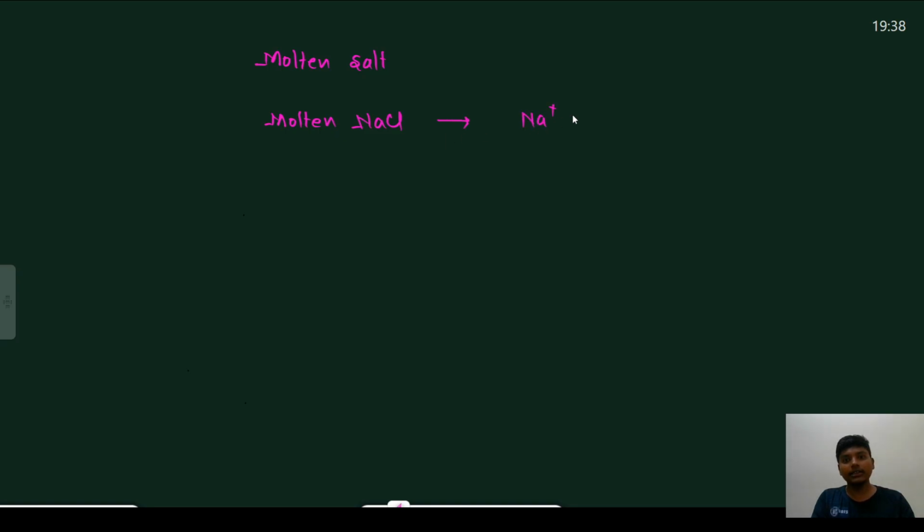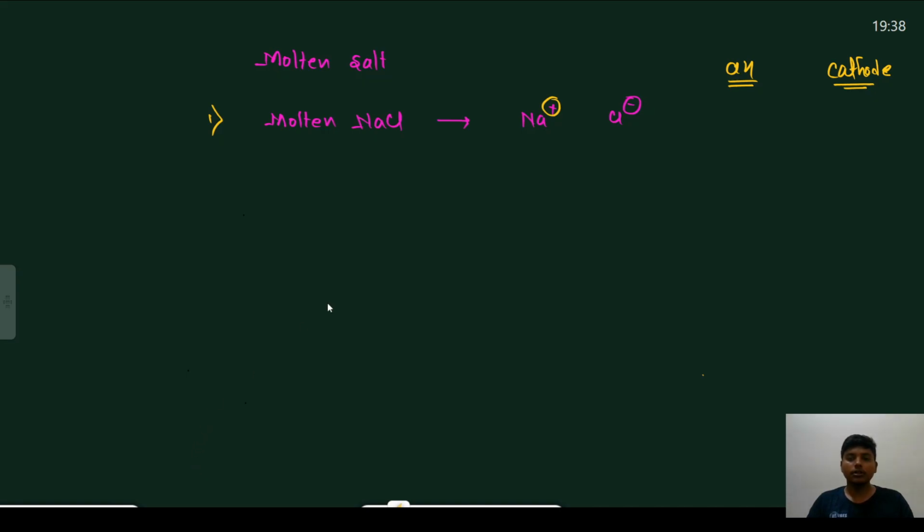Na plus ion and Cl minus ion. Water is not there, right? If water is not there, tell me, in anode what deposition will be there, and in cathode what deposition will be there?